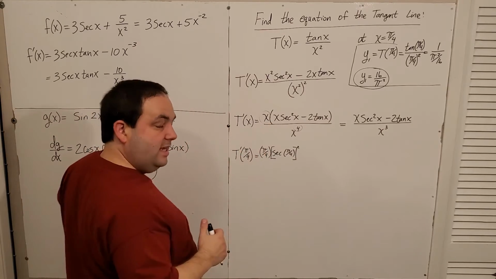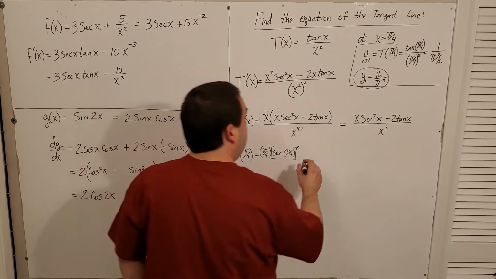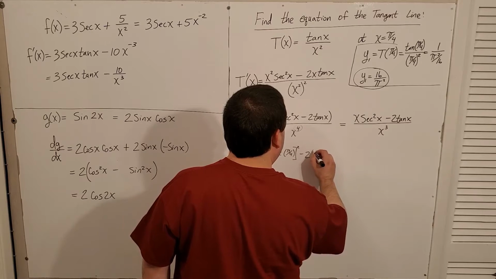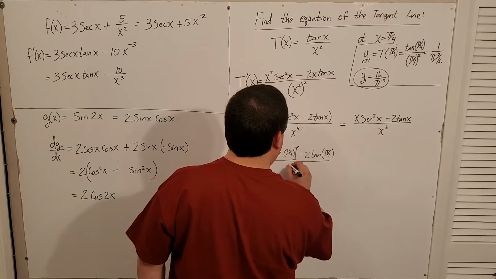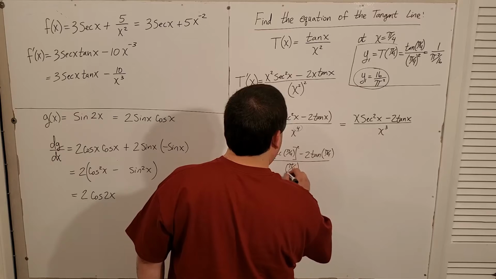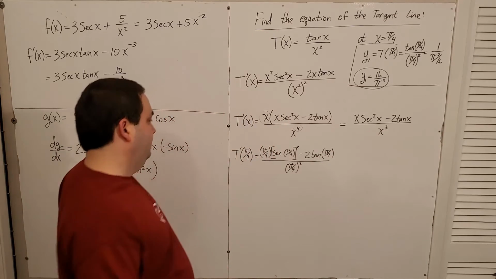Remember, the squared on the secant is shorthand. Minus 2 times tangent pi over 4. And then I've got pi over 4 in the bottom, all cubed, like so.